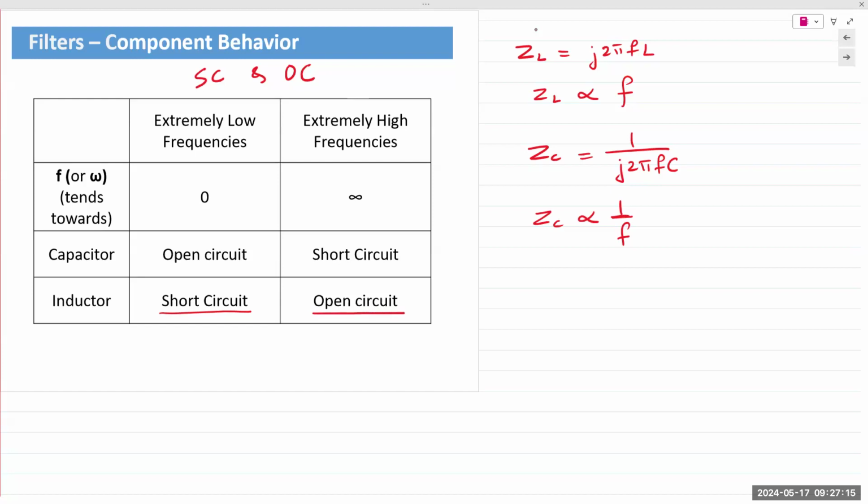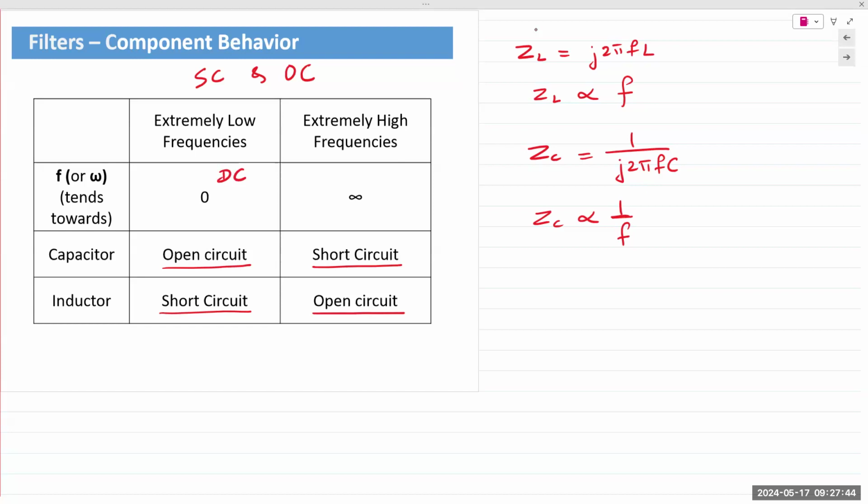So a capacitor behaves like an open circuit for very low frequencies and like a short circuit for extremely high frequencies. Which, if you remember steady state conditions from chapter 3, for DC, 0 hertz, of course, is DC. For DC, inductors behave like a short, capacitors behave like an open.